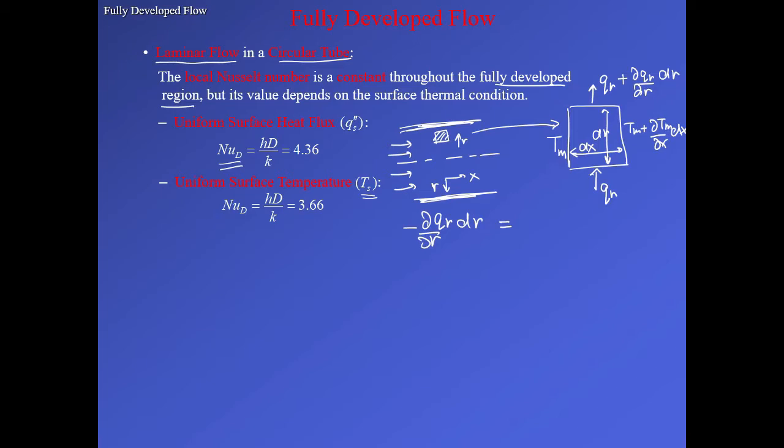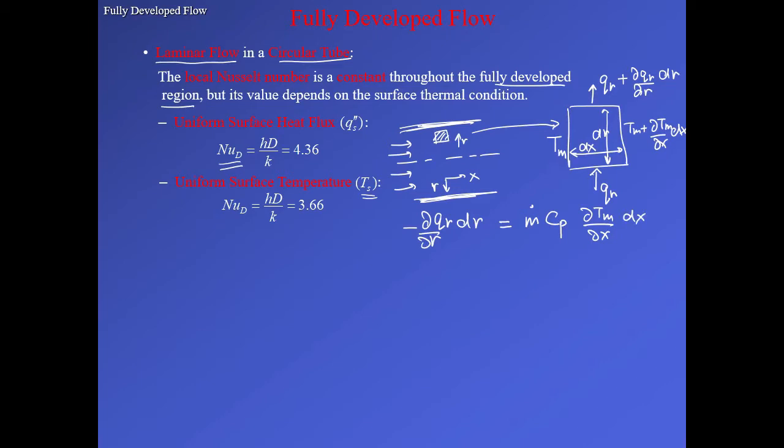So this becomes m dot times Cp times the temperature on the right hand side minus the temperature on the left hand side, which is del Tm by del x times dx.